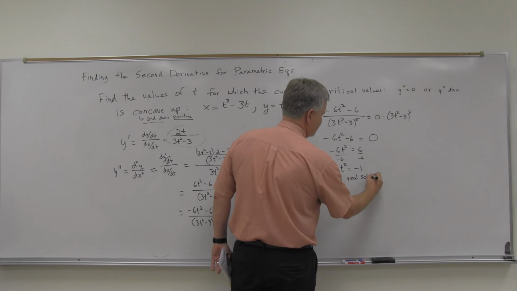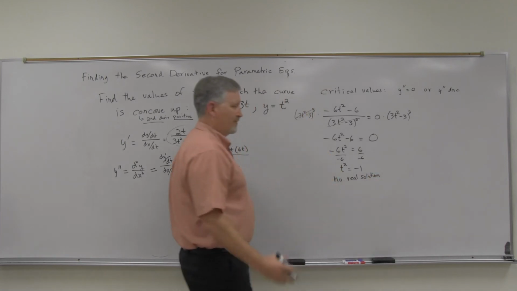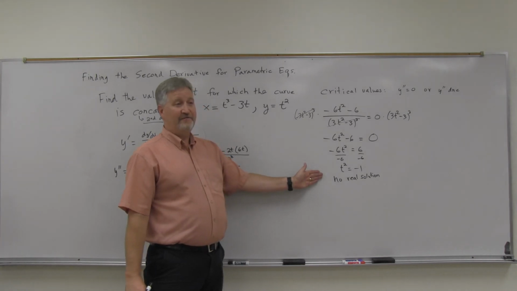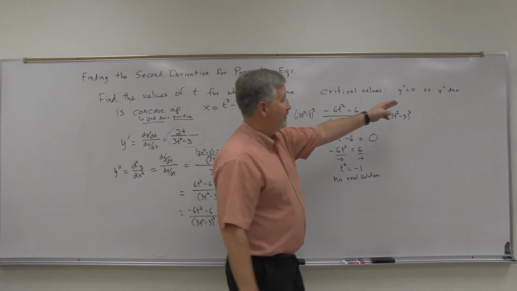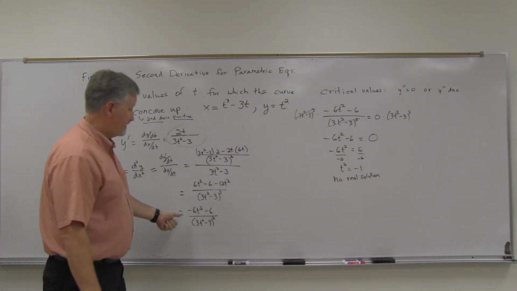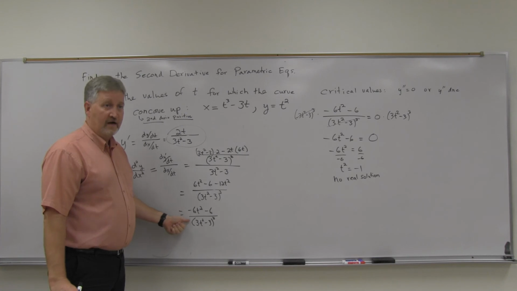So that's what I was saying. I don't know if they all work this way, but with this one, you don't get any value if you just set it equal to 0. So look at where the second derivative does not exist. If you've got a fraction, what does that mean? Denominator equals 0.